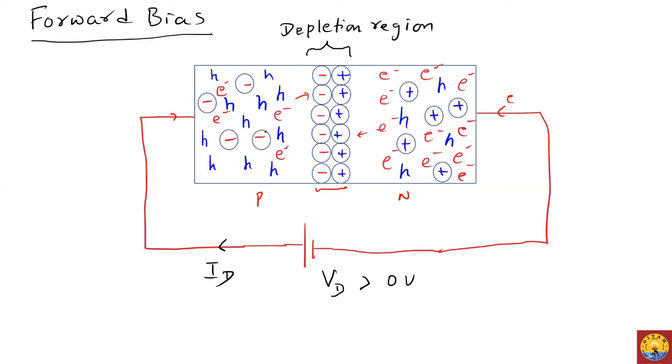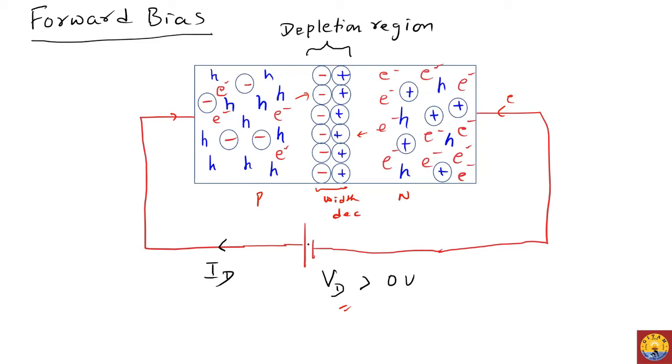So there is a flow of current when you apply some potential across the diode. This situation, when you connect a p-type material to the positive potential and n-type material to the negative potential, is called forward bias. So in forward bias, the diode is connected in this particular form. The second point is that the width of the depletion region is decreased. Why?